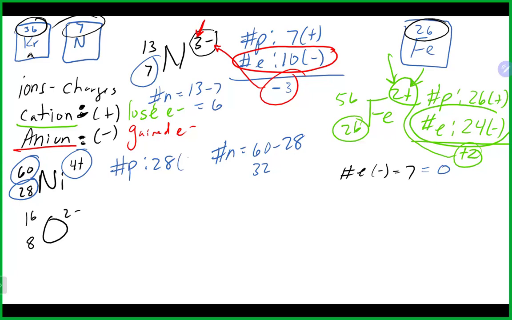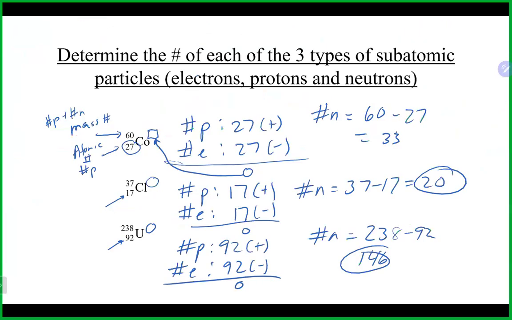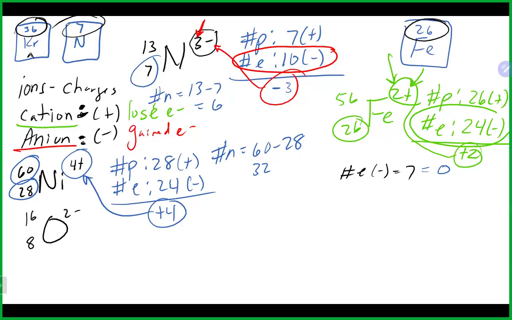It's got 28 positive charges, which means in terms of electrons, it actually has to have 24 negative guys. That's going to give you a +4 left over, which once again is where our charge comes from. In this case, we have more protons than electrons, giving this guy a more positive charge because of the extra protons.